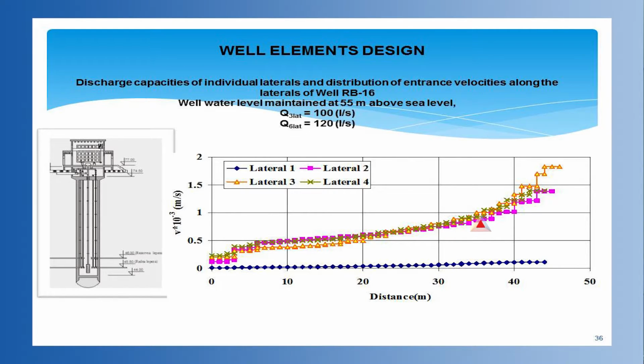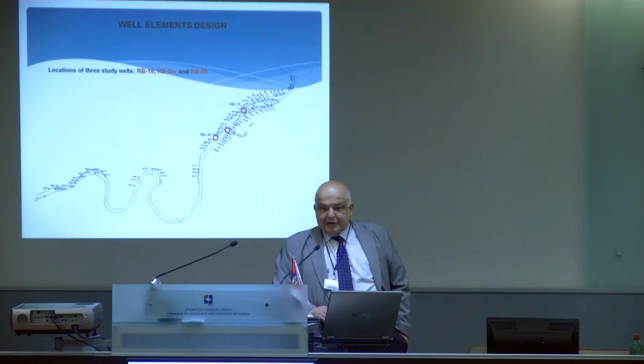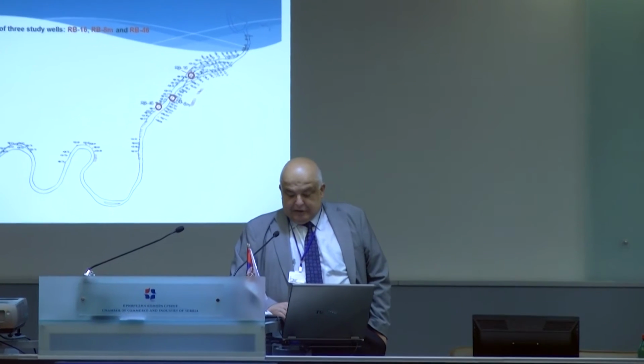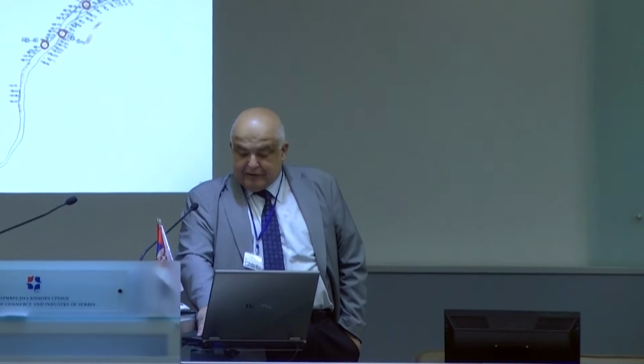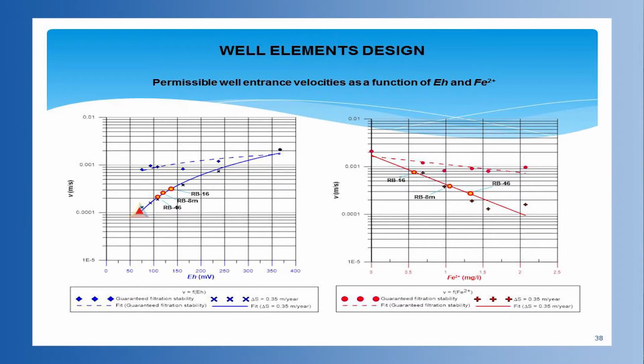Now we will compare 3 wells. It will be interesting because they have different chemical constitution and different grain size distribution and different redox. So therefore, you can see them here.